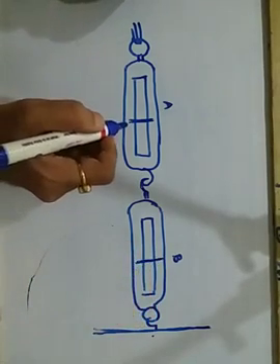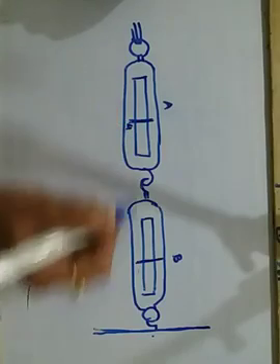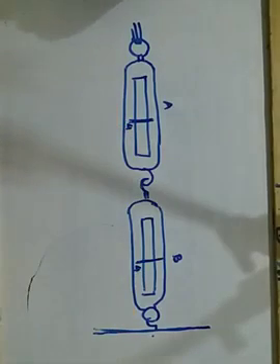Suppose it is 4, so here also it will show 4. So both of them are acting on each other.